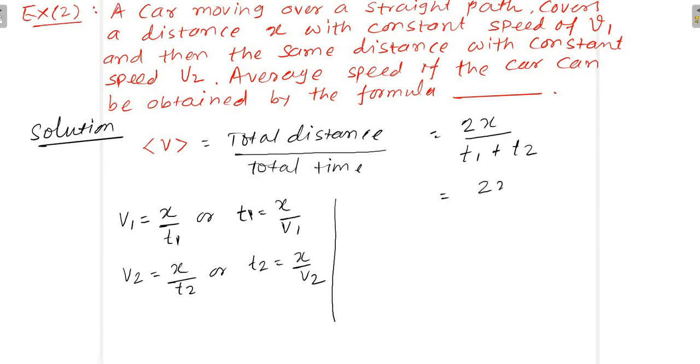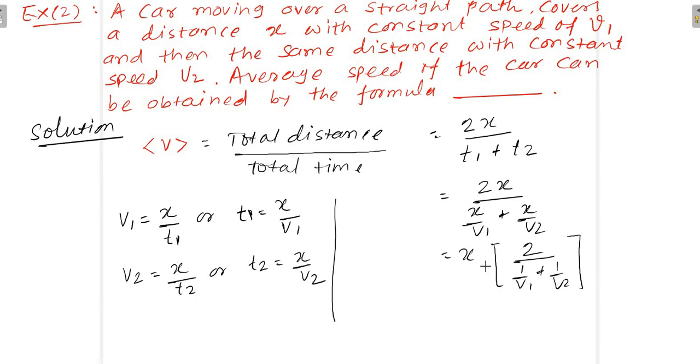It is 2x divided by x over v1 plus x over v2, right? So x I can take out common, so it is x times the bracket 1 over v1 plus 1 over v2, and in the numerator also x, so x gets cancelled out.